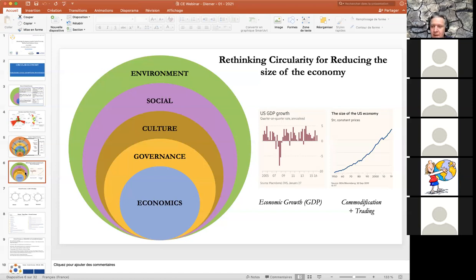And so there is one aspect we have to introduce here. If the size of the economy gets bigger and bigger, and the private sector gets bigger and bigger, it means at one moment the growth of the economy is higher than you really think. So GDP is not enough to understand things.